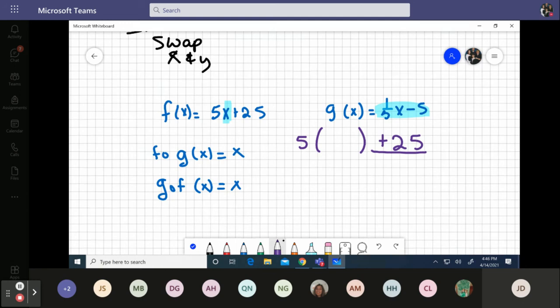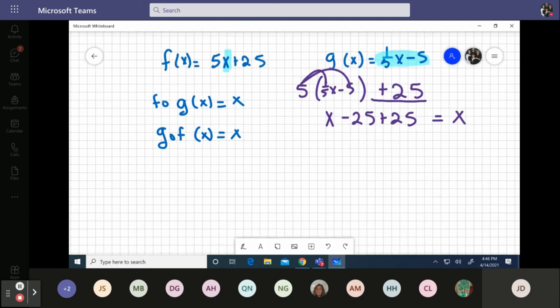Don't forget about your number back here. So 1/5 x. 5 times 1/5 is x. 5 times -5 is -25. Plus 25 gives me an x. So far, so good.